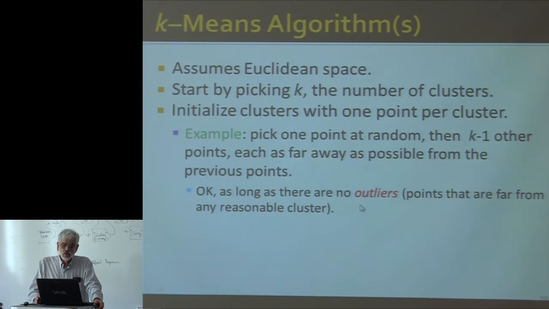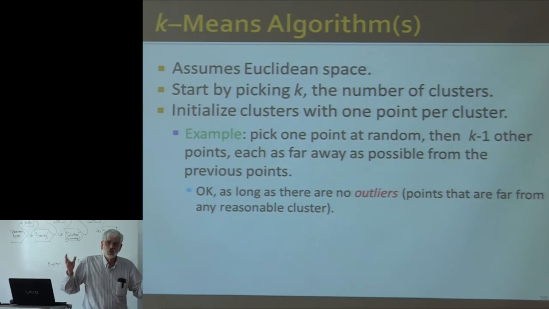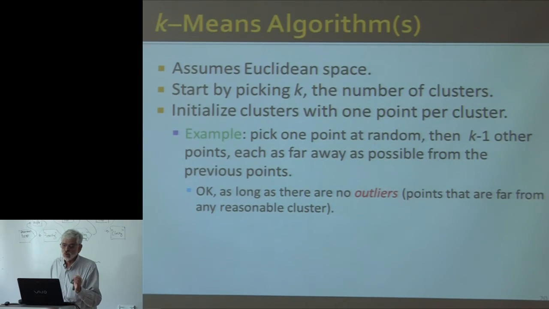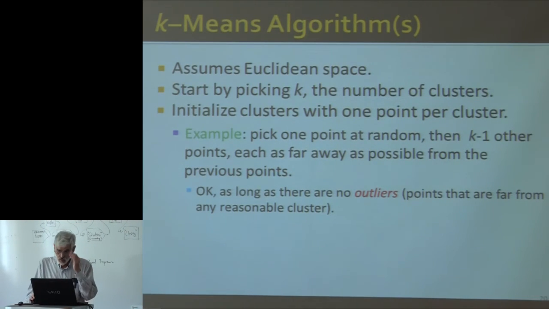Well, 2 problems. One is there might be outliers, points that really just don't belong to any cluster, and this scheme is going to get you the outliers. So you're going to start with points that aren't really part of any cluster at all. So getting rid of outliers could be a problem. But there's also another problem: if the number of points is 1 billion, you don't want to look at all billion points to decide which one is furthest away from the randomly chosen point.